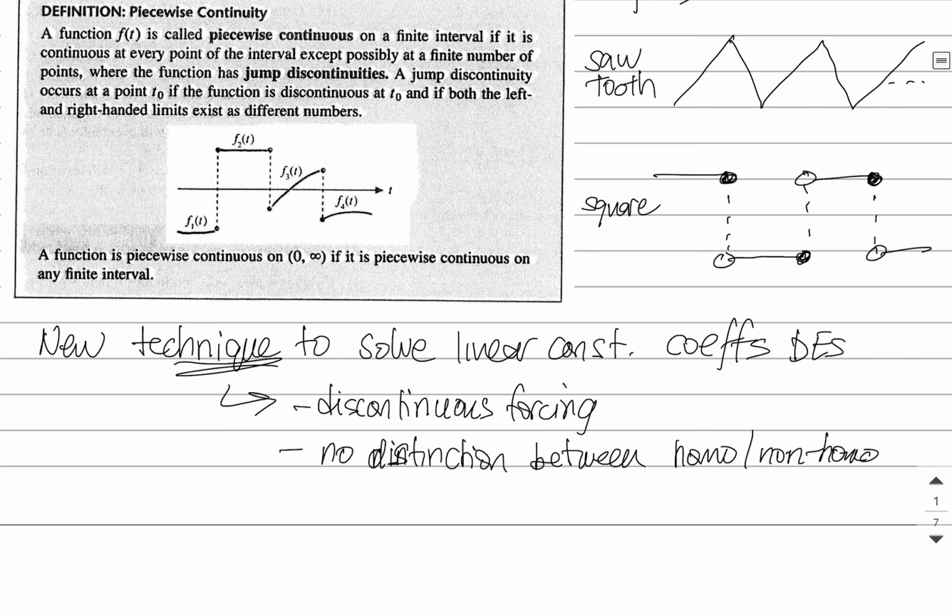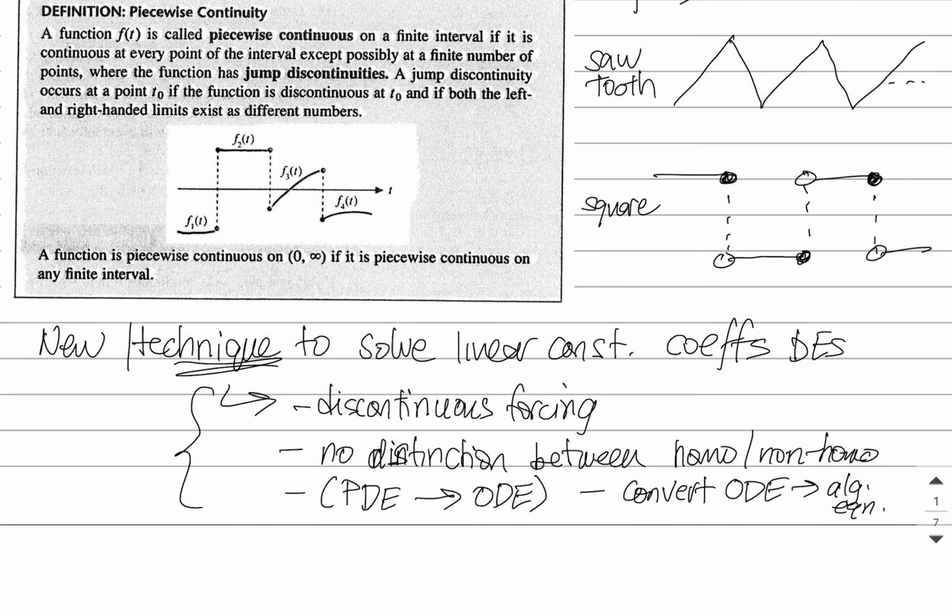You're just going to be able to solve it the same way. A little bit further down the line, outside of the scope of this course, this method can be used to convert partial differential equations into ordinary differential equations. But for us, one of the big advantages is we are going to be able to convert our ODE into an algebra equation.